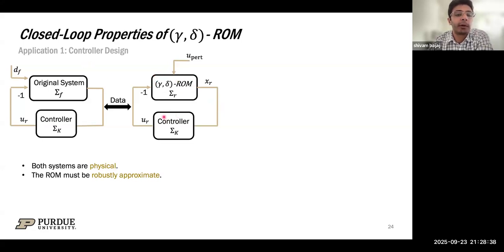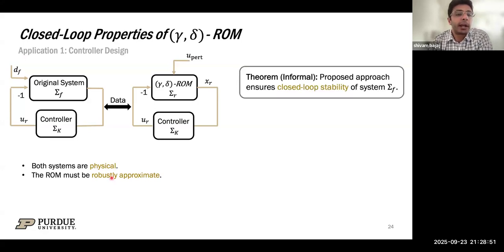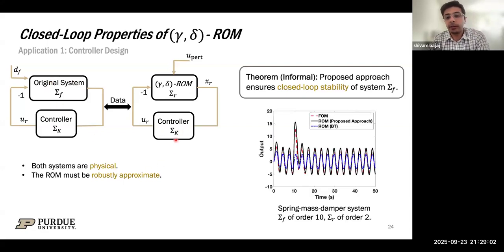Because I'm using this system to design a controller, its output should be similar to the output of the true system, even in the presence of disturbance. And what we are able to show is that if we design a controller and apply it to the original system, then we can ensure closed loop stability of the true system by designing controllers on the reduced model.